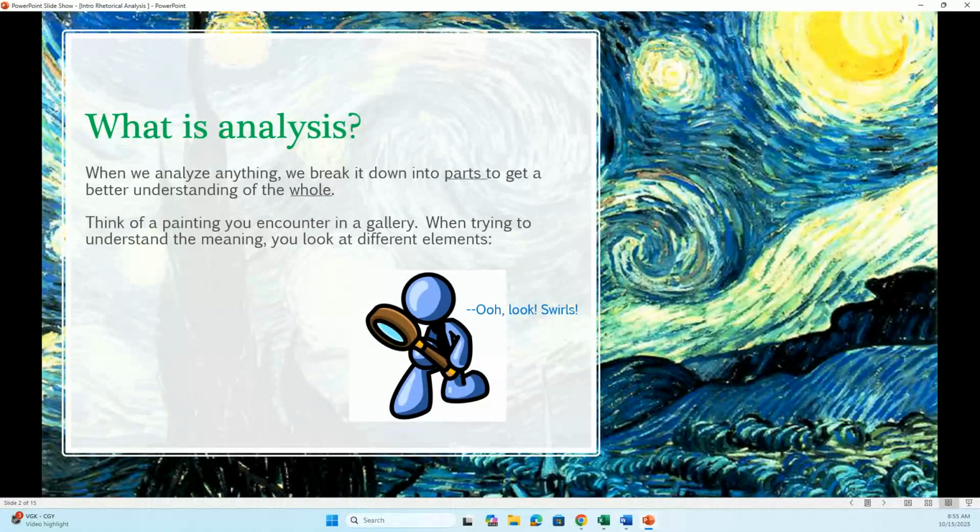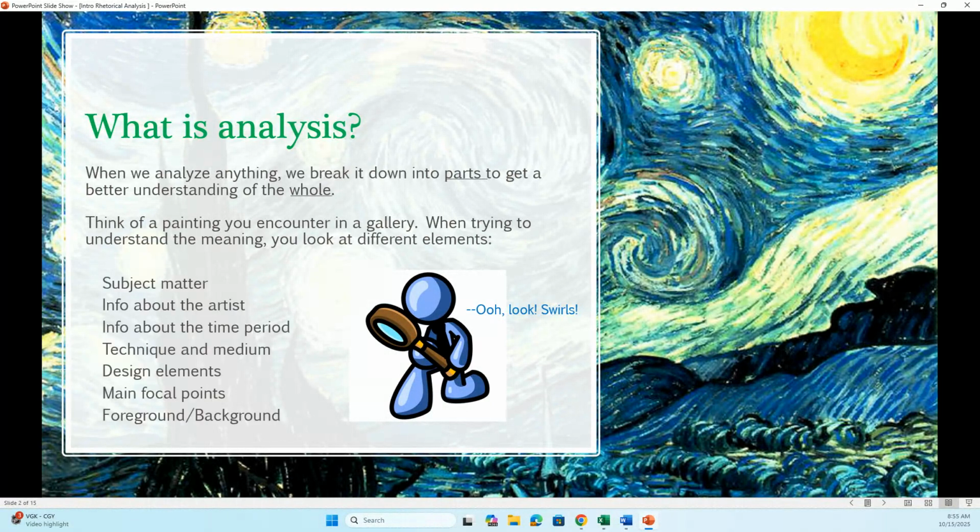But think of a painting. If you went to a museum and were looking at a painting and maybe you didn't know a lot about art, when you first view a painting, and somebody says, well, what do you think this means? You might not know what to say or think about it. So you might look at different elements, like the actual content or subject matter.